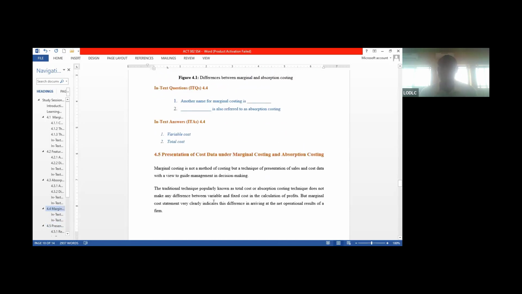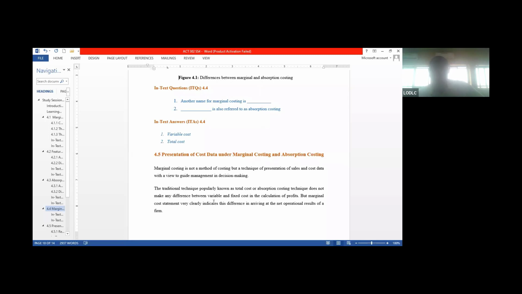Presentation of cost data under marginal costing and absorption costing. How do you present your data? Marginal costing is not a method of costing. It's just a technique of presentation of sales and cost data with a view to guide management in making a decision. That's why we said we include only the relevant cost of production.